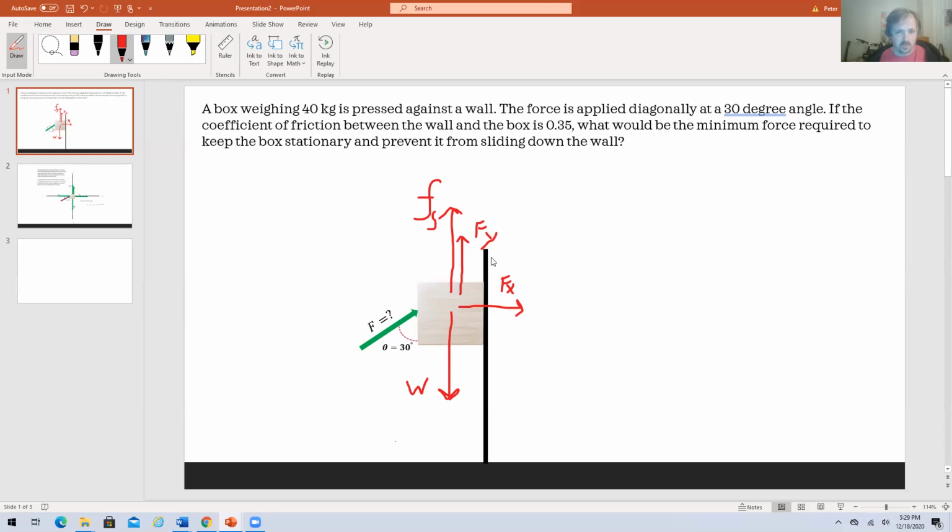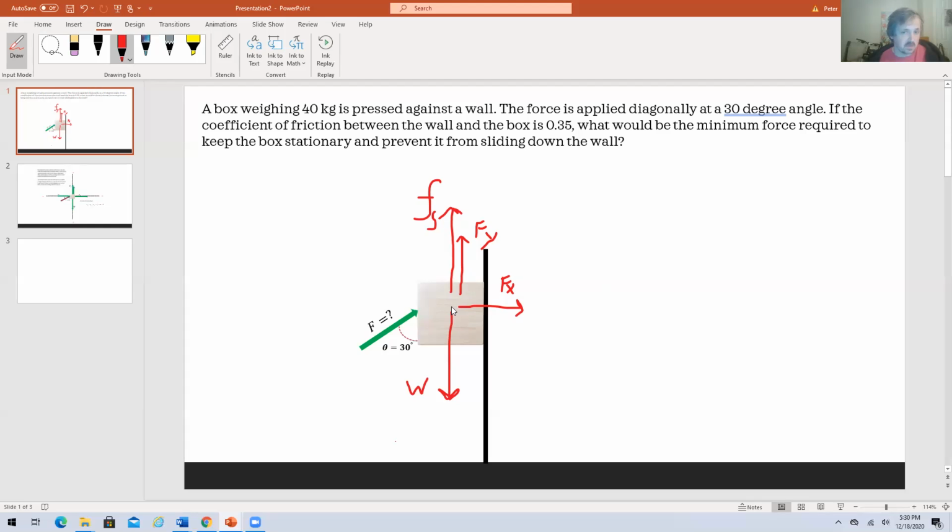Now there's actually one more force that we haven't accounted for yet, right? So when we push an object down on a surface, and we apply a force to that surface that is perpendicular to the surface, it responds with a force in accordance with Newton's third law, right?